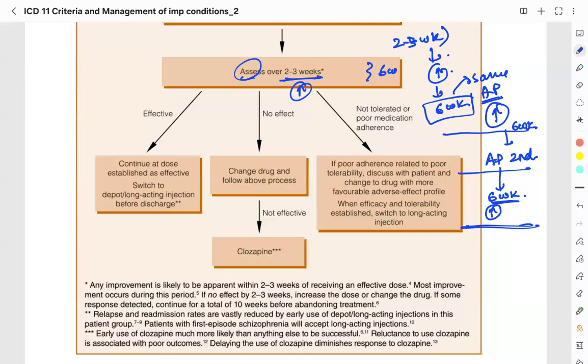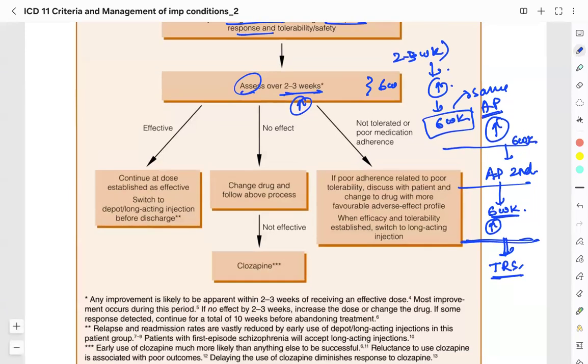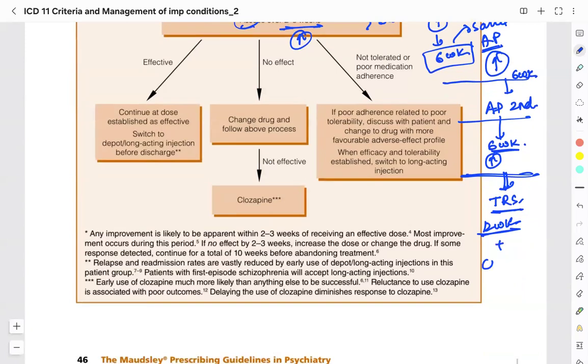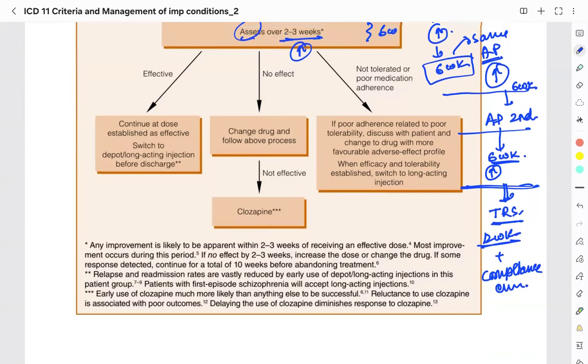Then only can you call this patient treatment resistant schizophrenia, if they have not responded on both antipsychotics over a 12 week trial with compliance ensured.